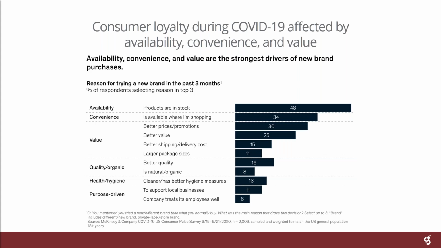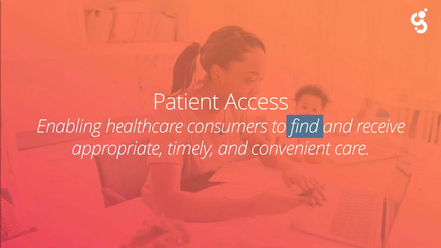And I think it really opens up a little bit of risk for health systems where if we're not able to effectively communicate that availability, the convenience, the value of our product offerings, what we're seeing is as people in other spheres are willing and ready to switch, to try something new, to go for the thing that is in stock today, that they can get their hands on, give it a try, and what the long-term effects of that might be are yet to be seen. So that's just a little bit around where healthcare consumers are at in this whole question around access.